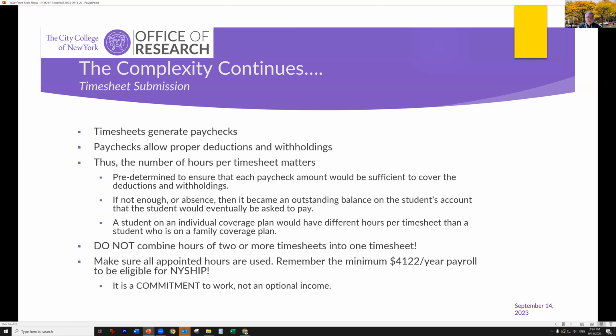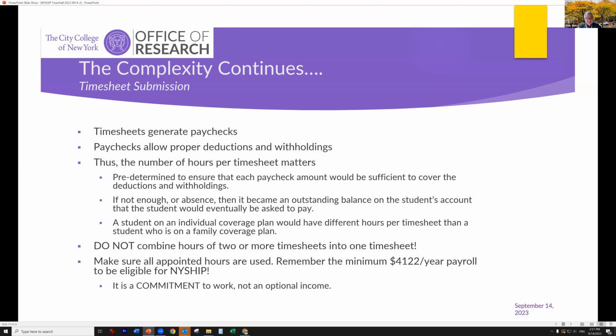The reason is, let's say that instead of 92 hours, they use only 40 hours, and they don't want to get the payroll for some reason. That becomes a problem because that may make their total payroll lower than the 4122 per year.